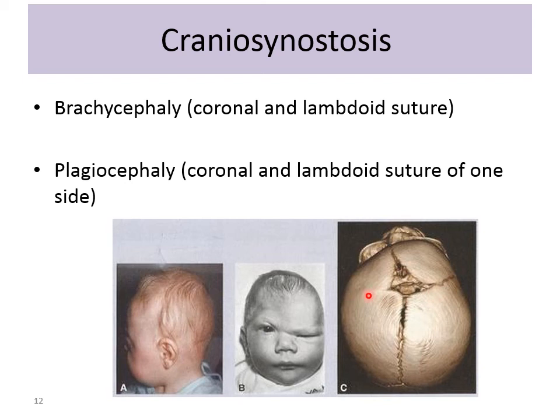We notice the premature closure of the coronal suture and lambdoid suture on one side, resulting in plagiocephaly, with bossing of the frontal region on the opposite side. This is how it looks, bossing of the skull from one side.